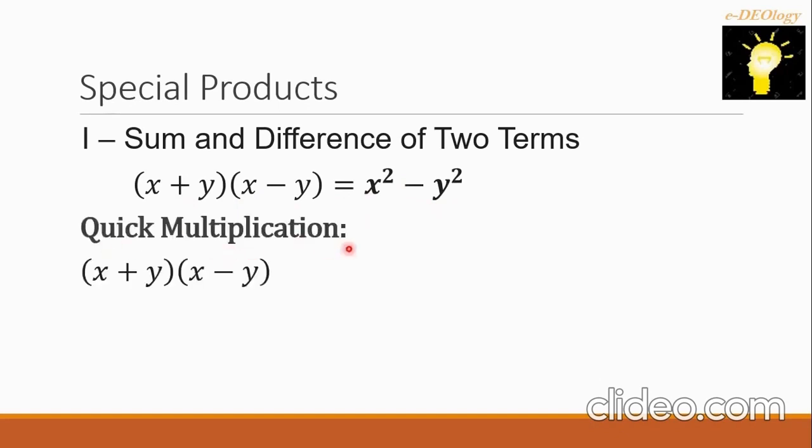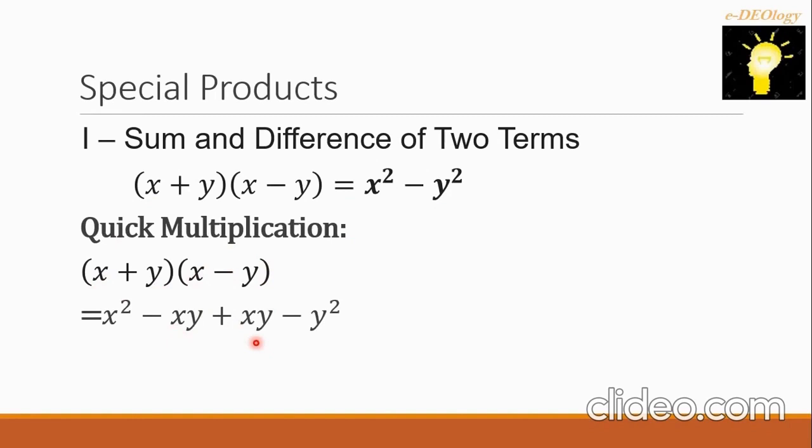Let's have a quick multiplication for this x plus y times x minus y. So we have to multiply x by x, we will get x squared. We multiply x by the negative y, we will get negative xy. The y multiplied to x, we will get yx, or we can put xy to show the similarity with the other term here.